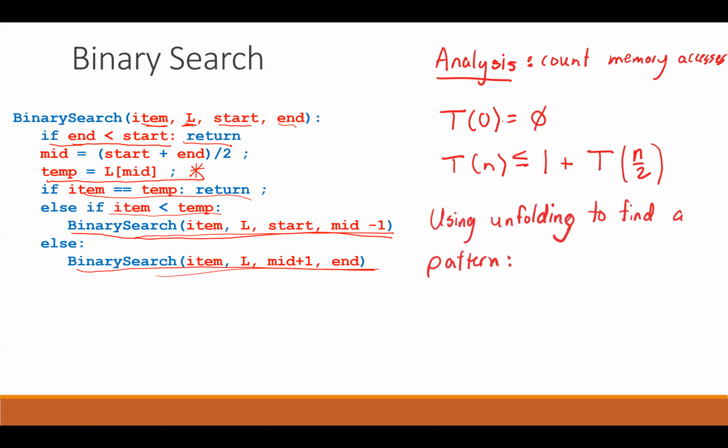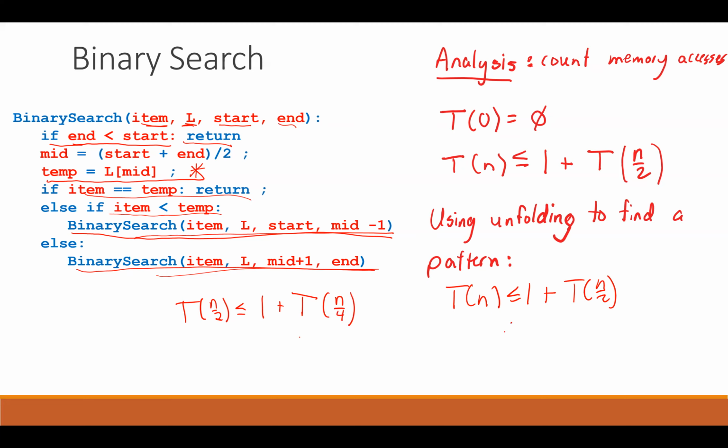Okay, so using unfolding, this would be T of n less than or equal to 1 plus T of n over 2. T of n over 2 is less than or equal to 1 plus T of n over 4, right? It's just half the list again.